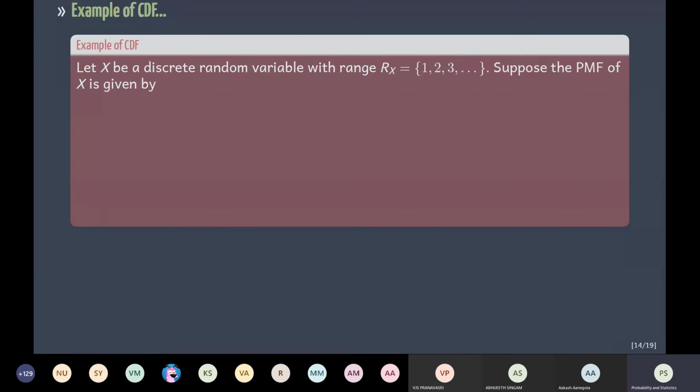So let us see an example of a discrete random variable. Let us say we have a random variable X with PMF given by P(k) is 1 over 2 to the k, and so on.